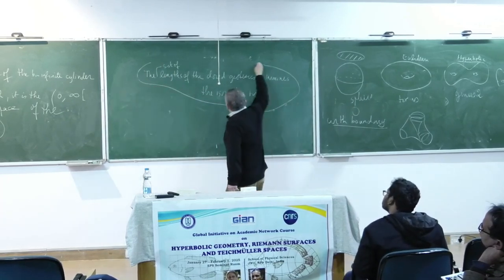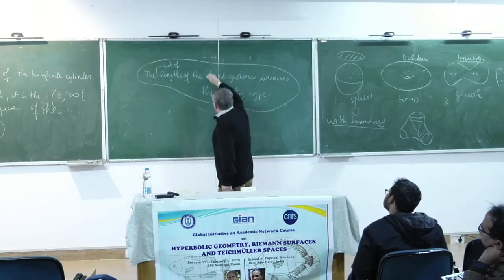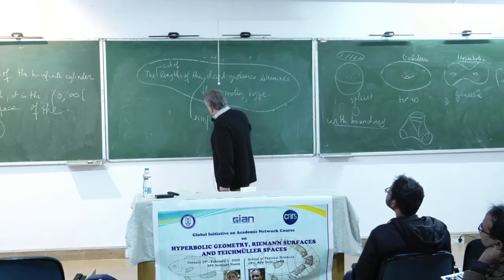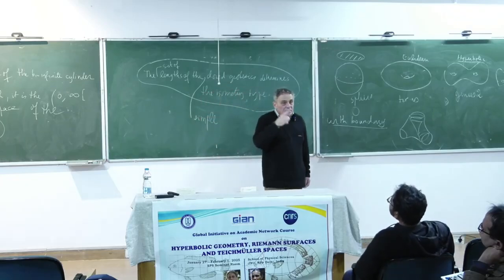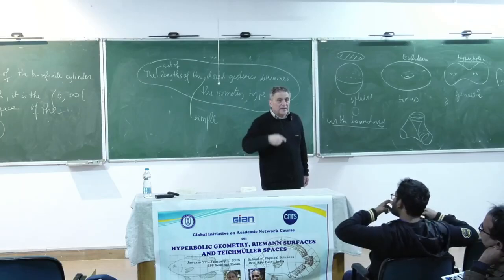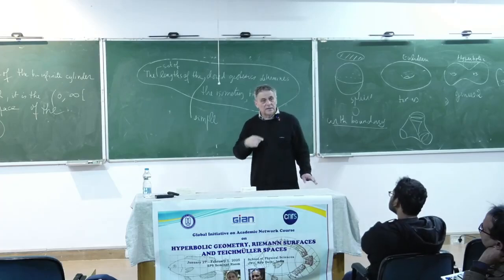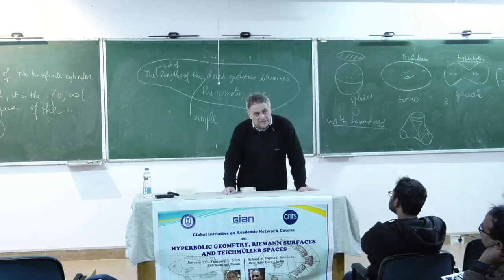And in fact, you may add here the word simple. Simple closed geodesics means without self-intersection. The embedded ones, the geodesics which are embedded injectively.